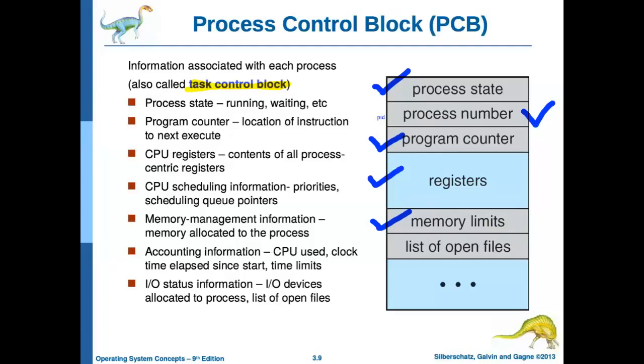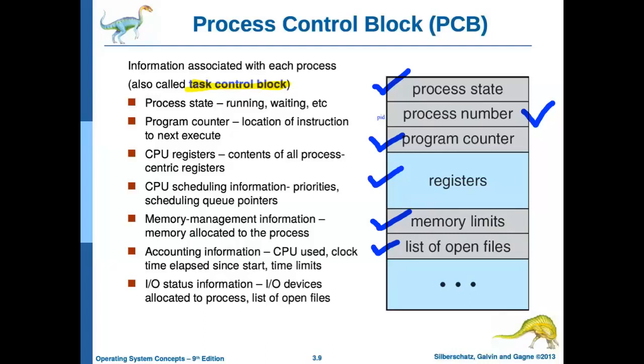One of the IO required is list of, say for example, open files. So whatever the input output devices that are assigned to your process. Okay, so later we'll come to know that whenever you start any process, by default 3 files are attached to your process, and these files are the standard input file, standard output file, and standard error file.